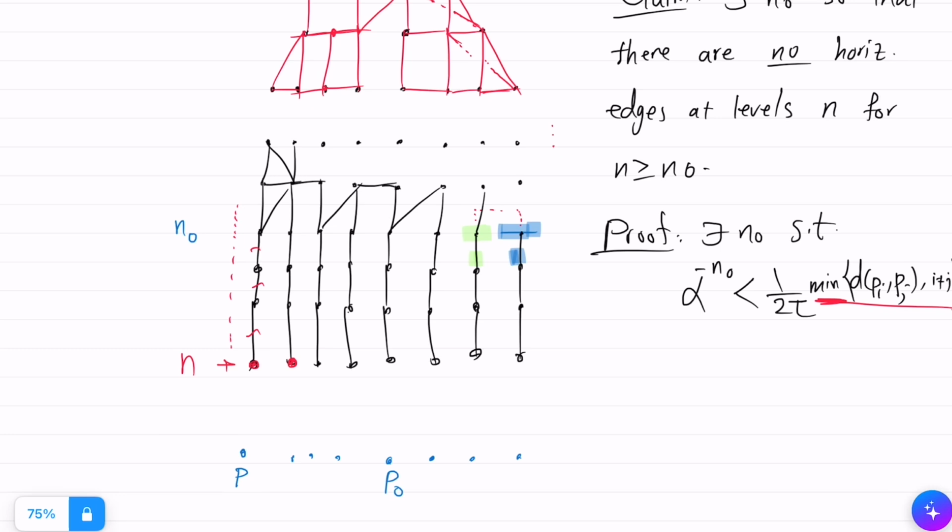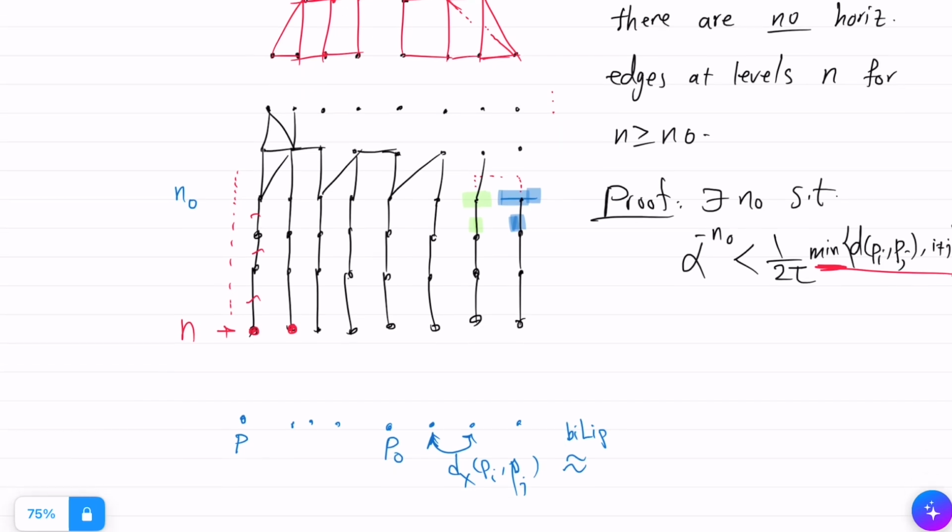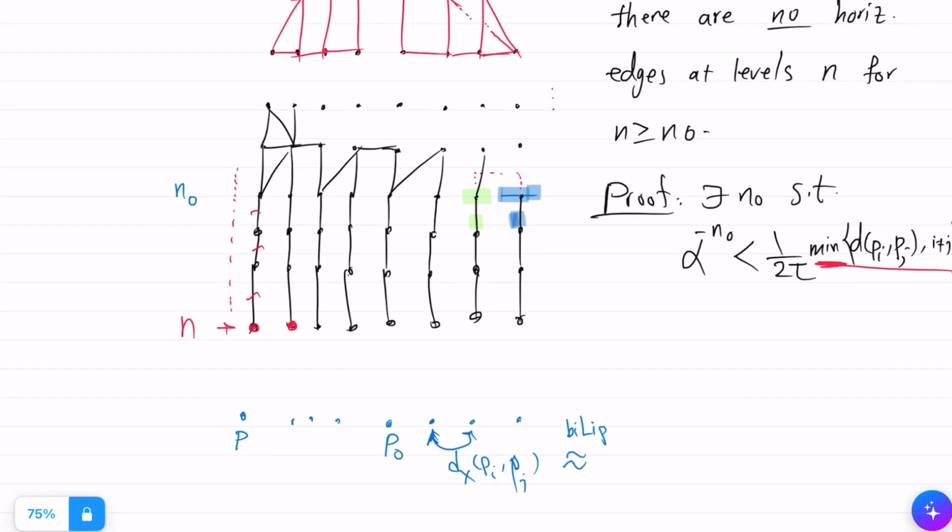And the distances between them in the original metric space, d of x, we will see that this will be bi-Lipschitz equivalent, with any parameters alpha and tau, to the metric that we put on the boundary of the graph.